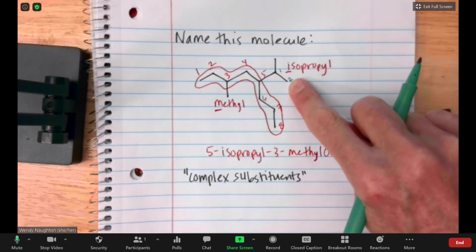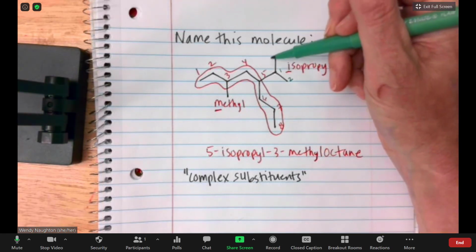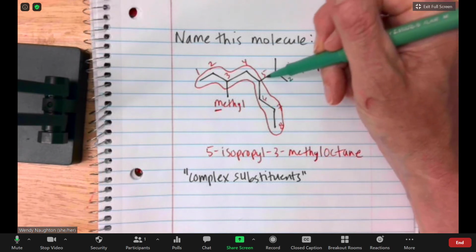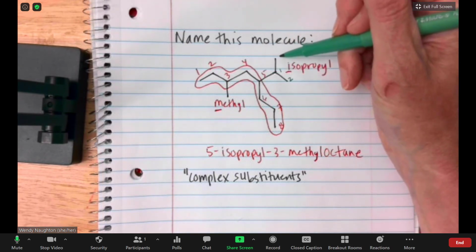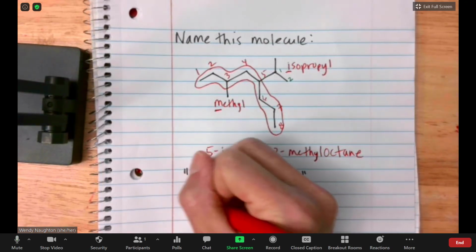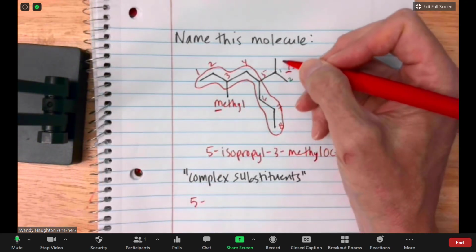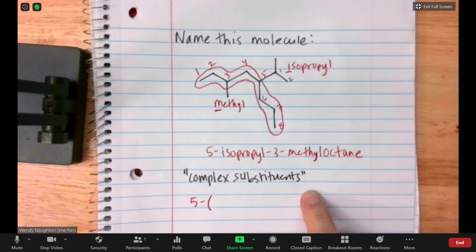2 carbons is ethyl. And then you treat this other carbon that's hanging off of this chain that's coming off of the main chain of the molecule as another substituent. And so you need to use a parenthesis to do this. Instead of saying 5-isopropyl, you'll still say 5 because that's where it's attached, and then you'll have to do a parenthesis to show this is a complex substituent.